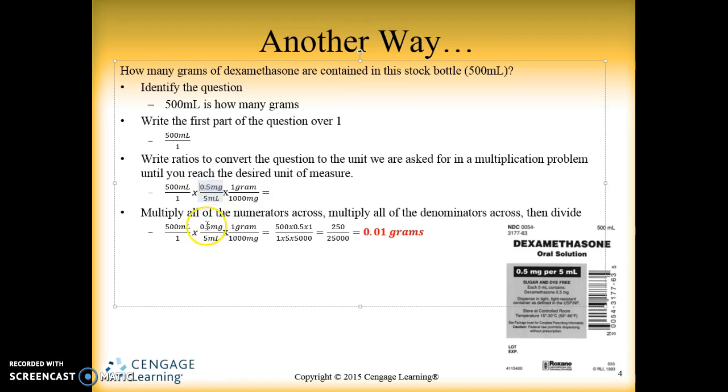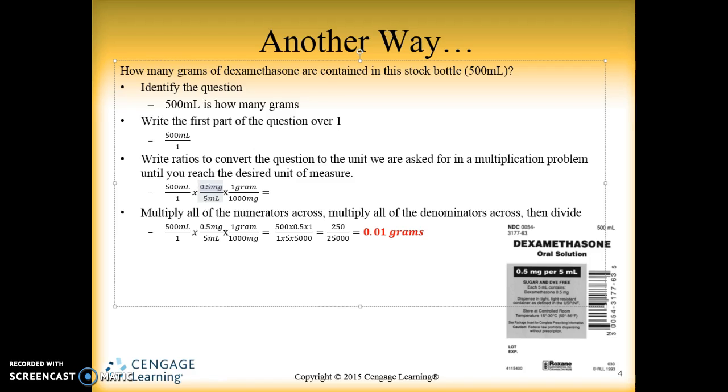And I put the 5 mLs on bottom because I want to be able to cancel milliliters. The whole idea is to get rid of the units we don't want so that we end up with the units we do want. So right now, if I stopped where I'm at, the milliliters would cancel and I'd be left with milligrams. But since that's not what the problem is asking us for, we need to keep going.